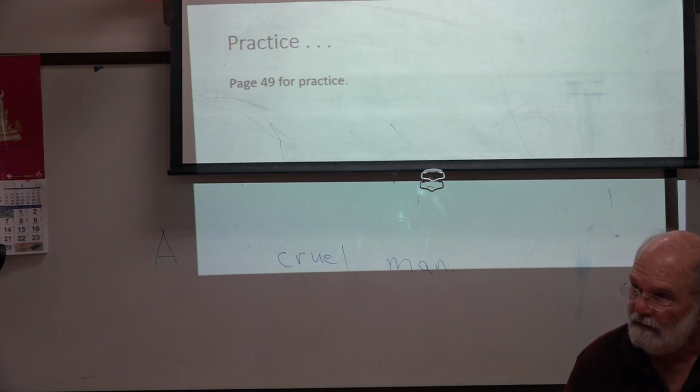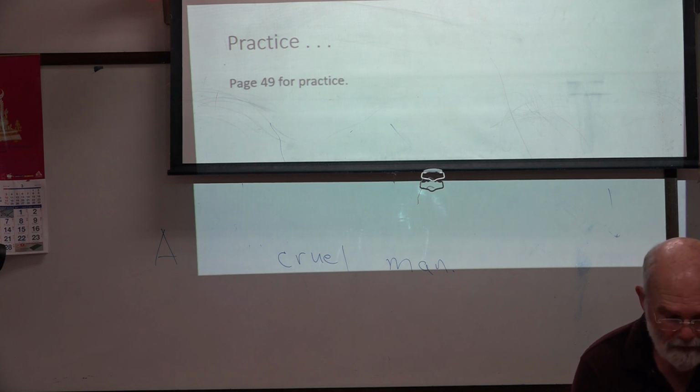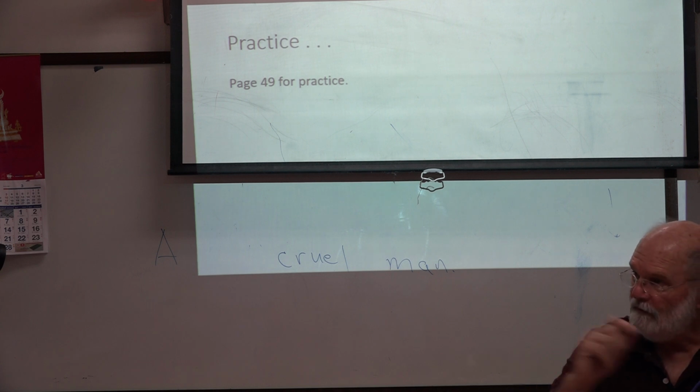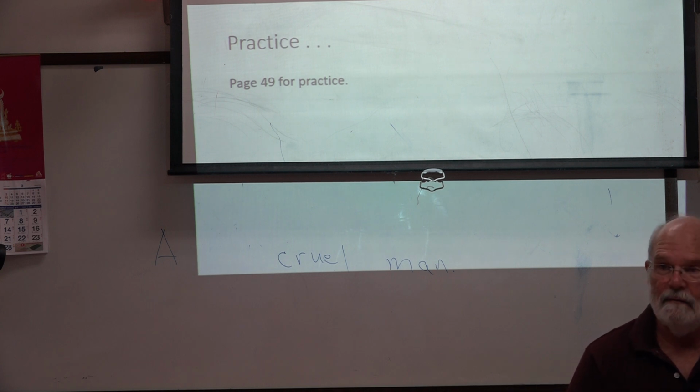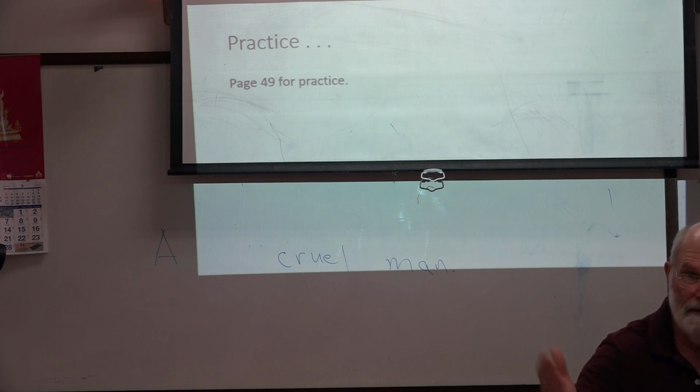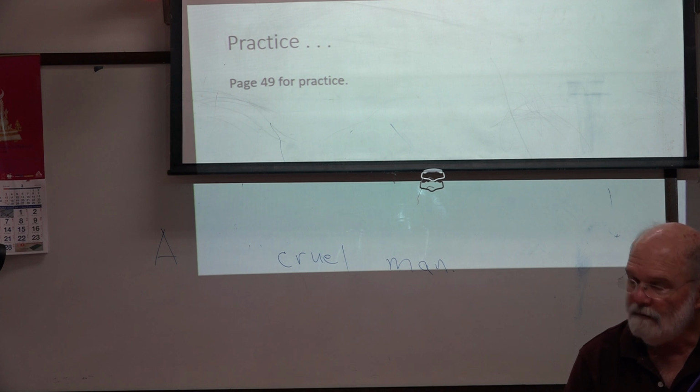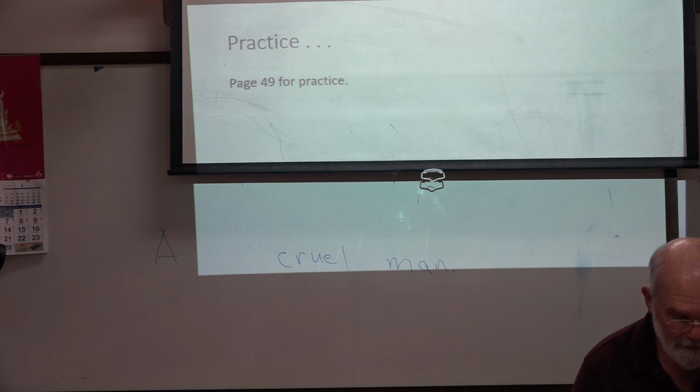A or the? There is a customer. Correct, because we're not talking about any particular customer. We just know that there is a customer outside. We don't know who it was. So you're correct. Now, Ben, number 4.